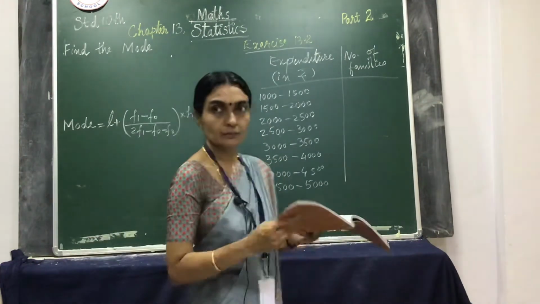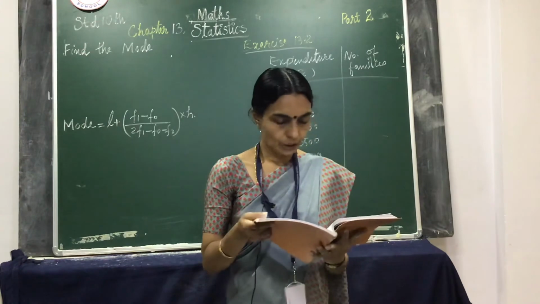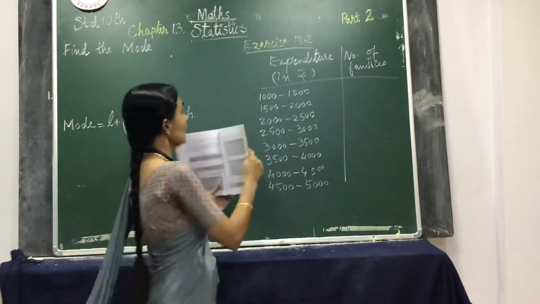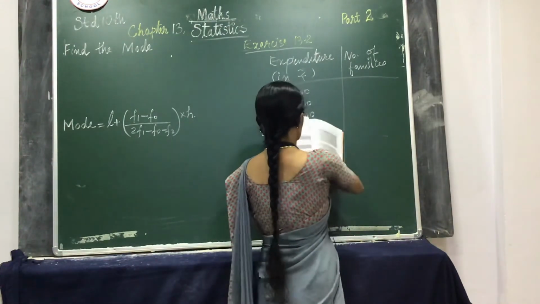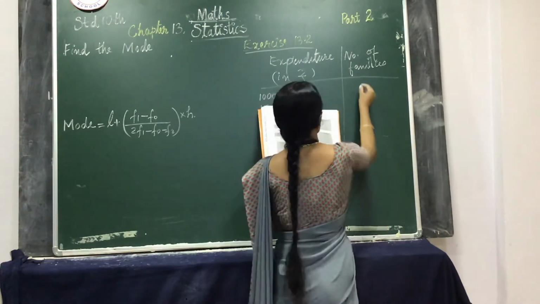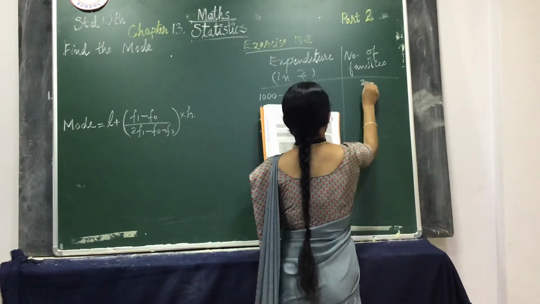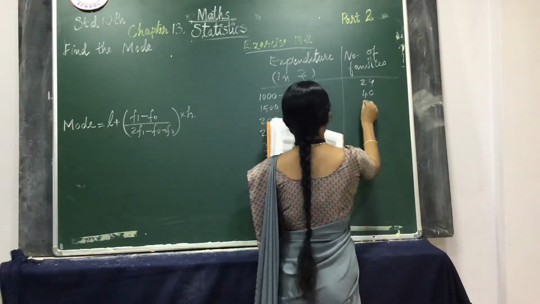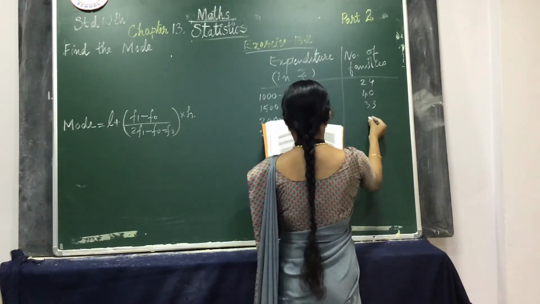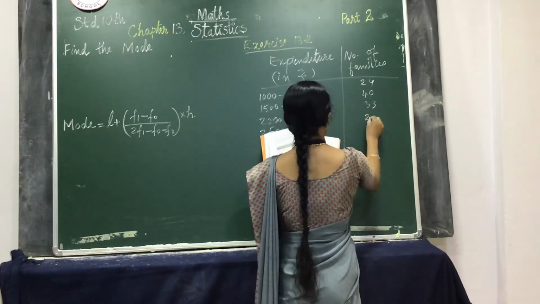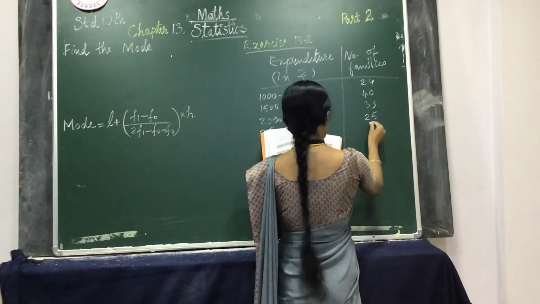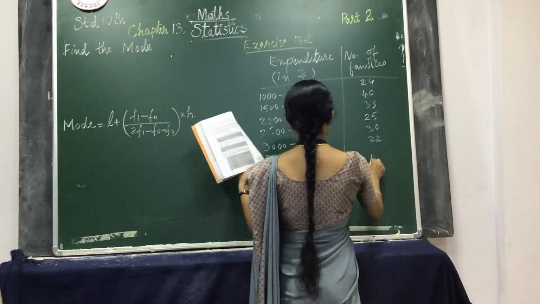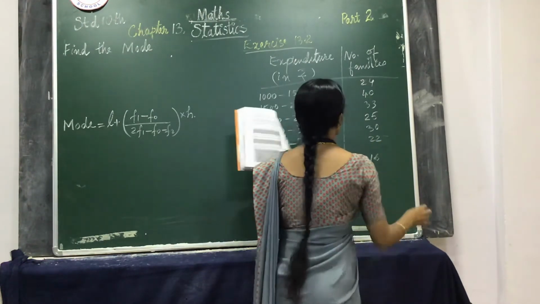The given data shows the monthly household expenditure in a village, and we have the number of families 24, 40, 33, 25, 30, 22, 16 and 7.